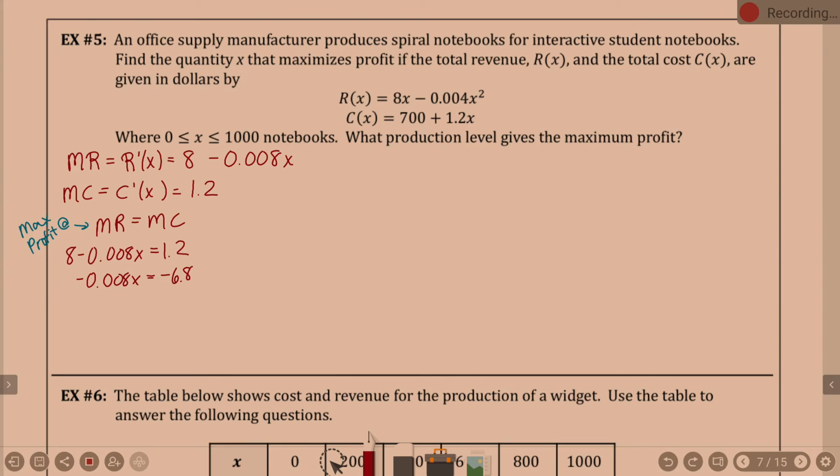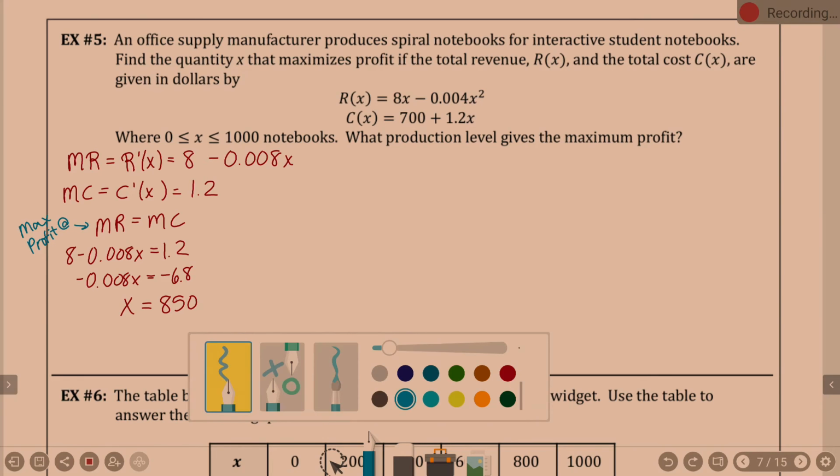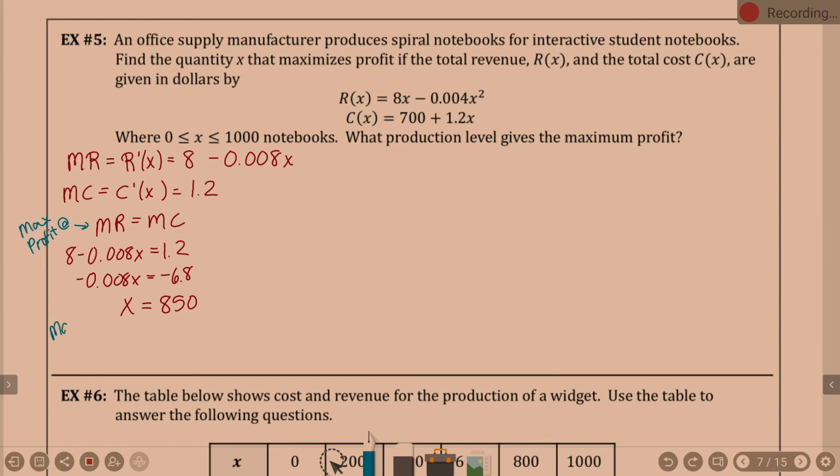The calculator is going to do the next step for me. 850. So what is happening at 850? This is where your max profit happens. Now, that answers the question, doesn't it?